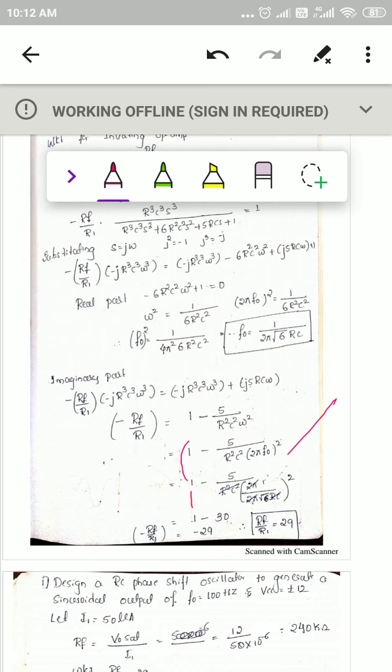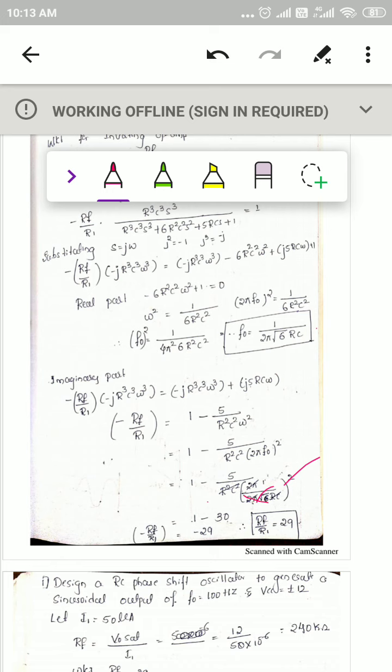So once again 1 minus 5 divided by R square C square into bracket of 2 pi f naught, as it is, f naught you calculated here. Substitute that value and simplify it. After simplification you will get 1 minus, here 2 pi gets cancelled, RC and RC square gets cancelled, root also cancels, so it is 5 divided by 1 by 6.